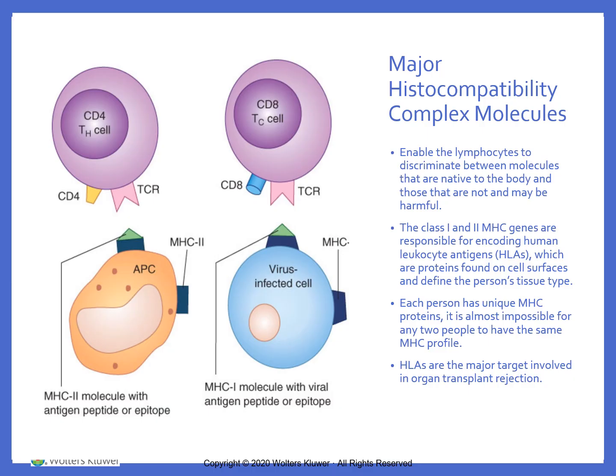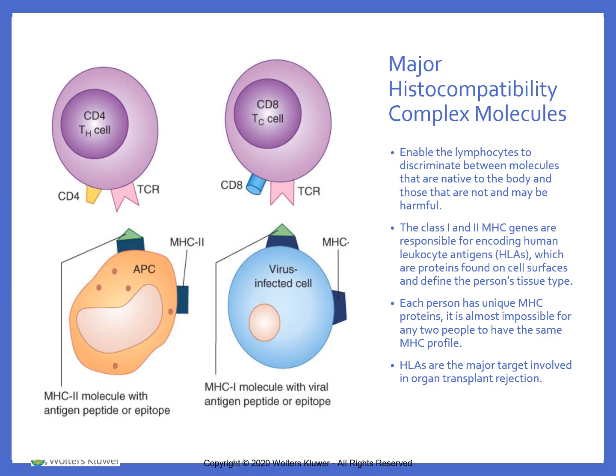Similarly here on this phagocytic cell, so this is a cell that has phagocytized an invading antigen. So this is one of the cells of the immune system, and inside of it is now this phagocytized antigen.